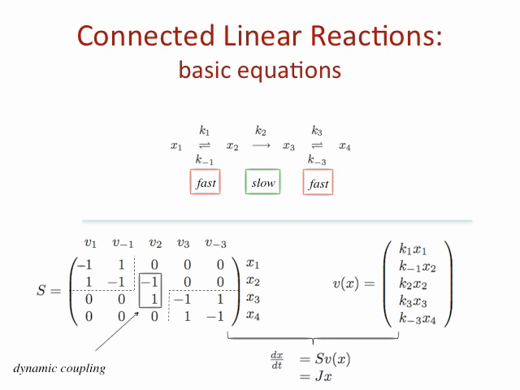I can populate my flux vector with the mass action rate laws as shown here, and I can substitute this into the dynamic mass balance. And as before, in this case with only linear reactions, I can factor out the rate constants if I want to, and form the Jacobian matrix as shown below.